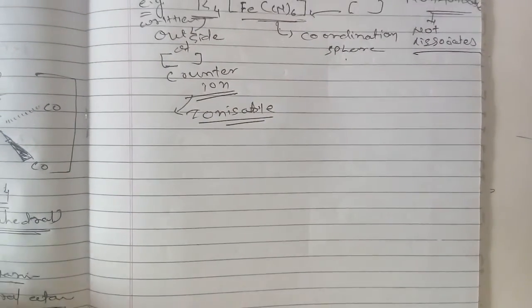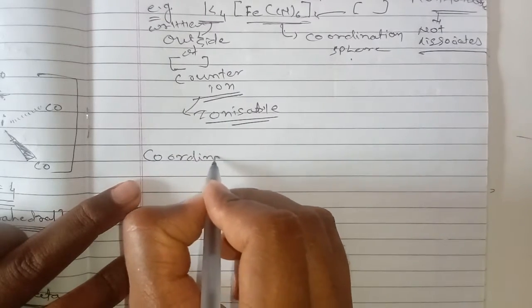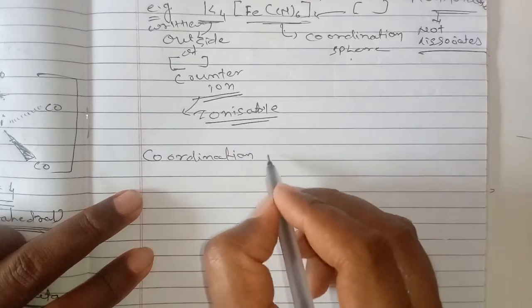The next term is coordination polyhedron.